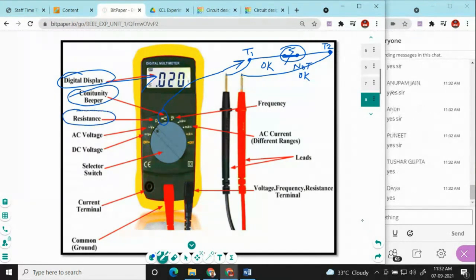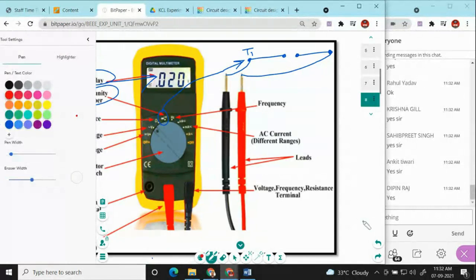Now the next one is resistance. This symbol is present on the multimeter, the ohm sign. This symbol represents the resistance. When you move your knob toward this ohm sign, that means you are going to calculate the resistance of a particular resistor. Let's suppose that we have a resistance and we want to calculate that resistance value.